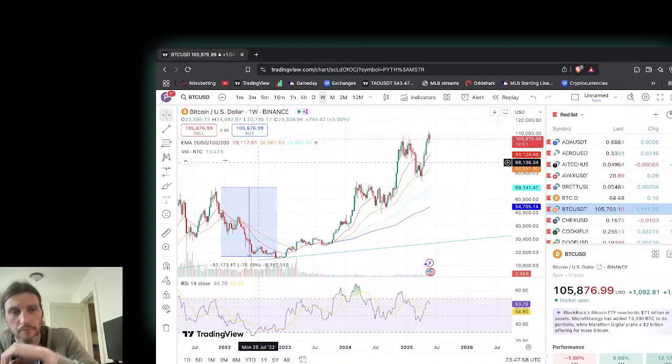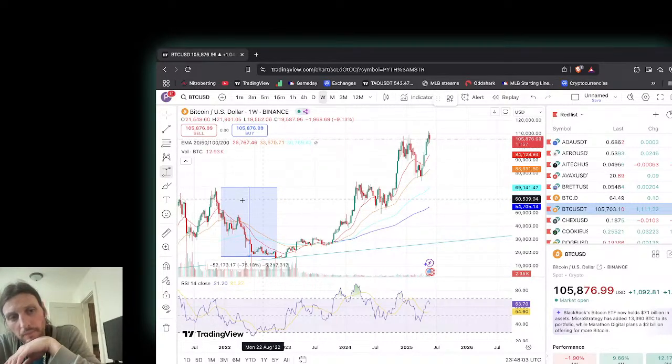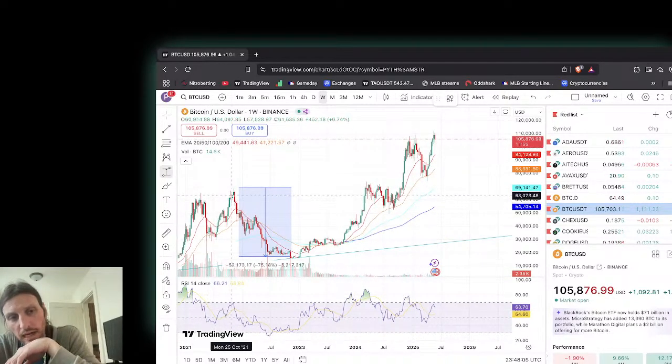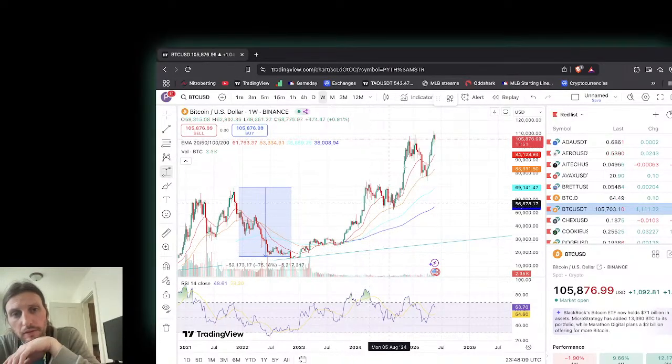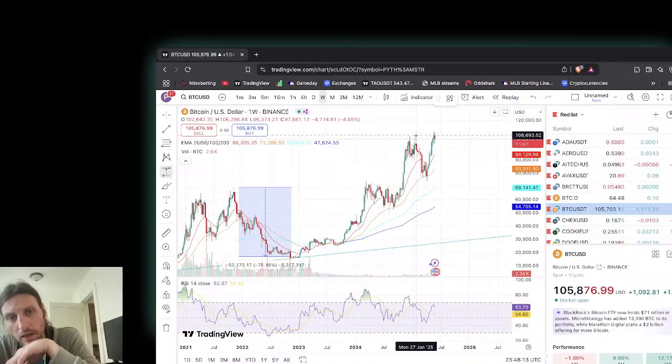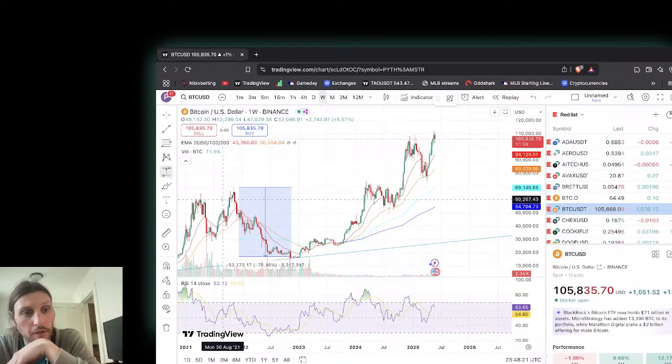Let me show you. From top one, top two marginally higher, 75% drop into the bear. This market, we formed a high, we dropped, and we formed a marginally higher high by about $2,000, just like we did here, from 65 up to 69.